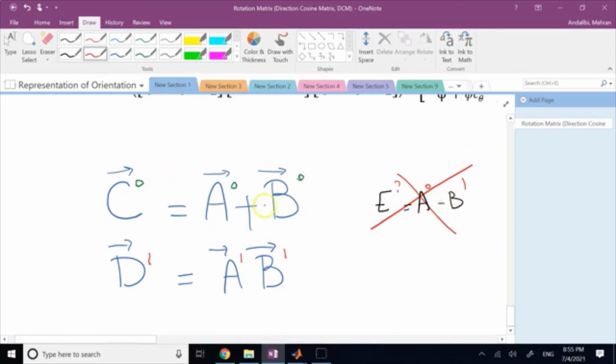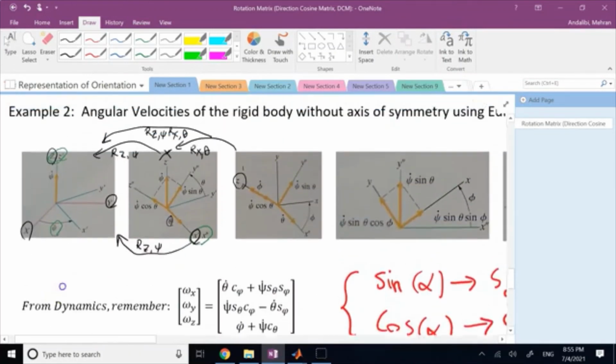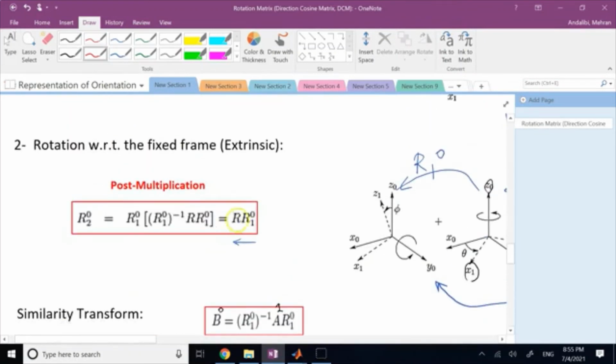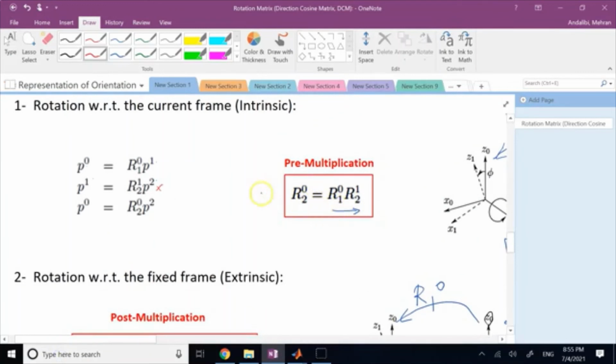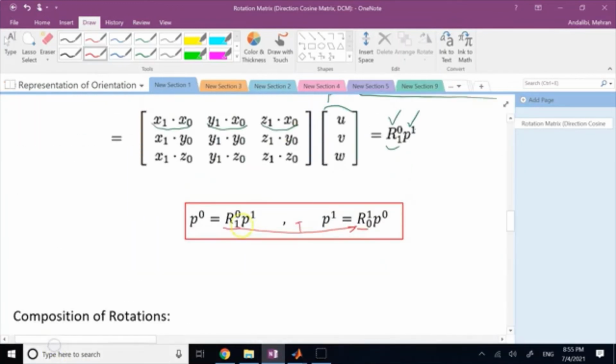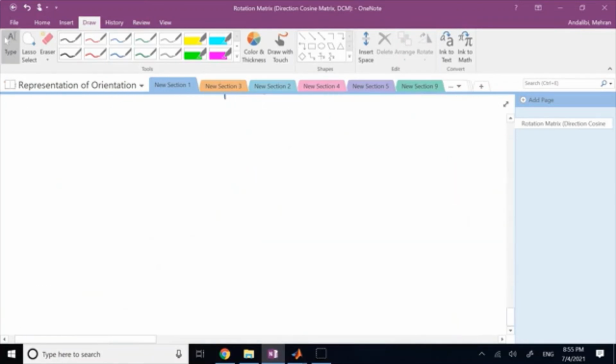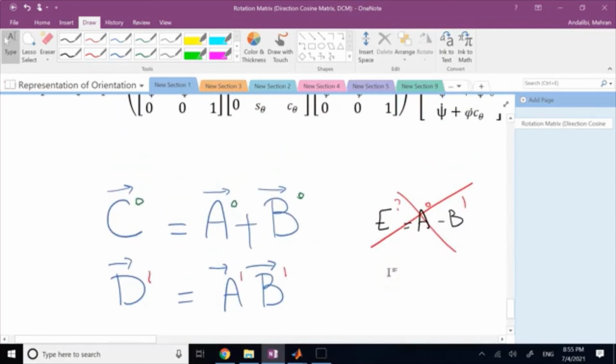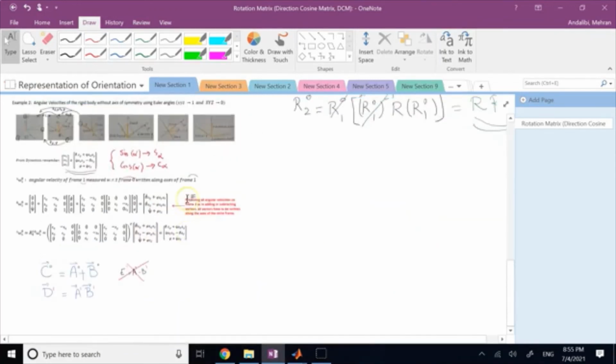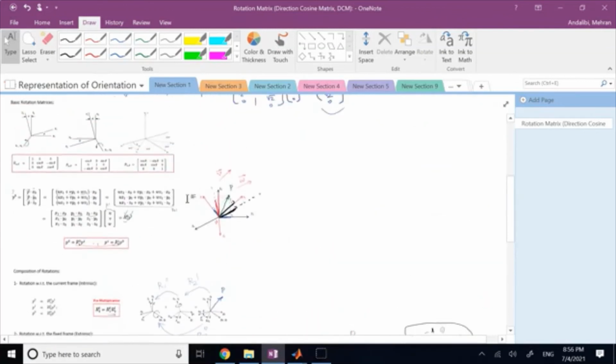So as long as I follow this simple principle and I know how to go from one frame to the other by using a proper product of rotation matrices, everything else in this course is not going to be that difficult. It just needs practice, and we are going to do tons of practice in class.